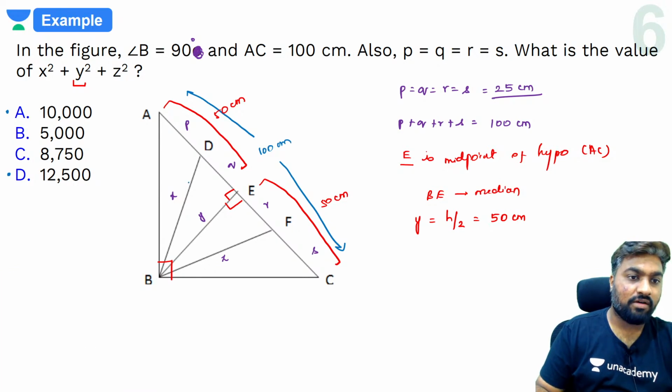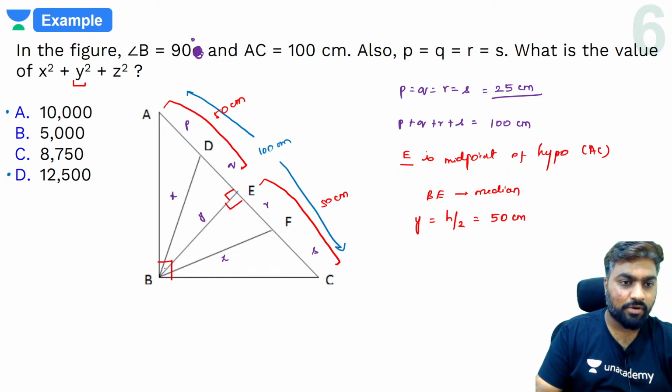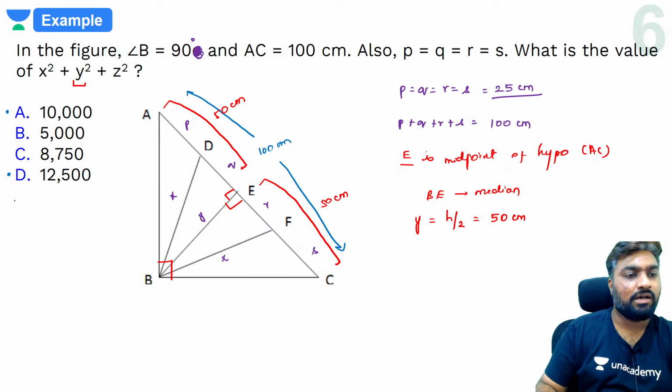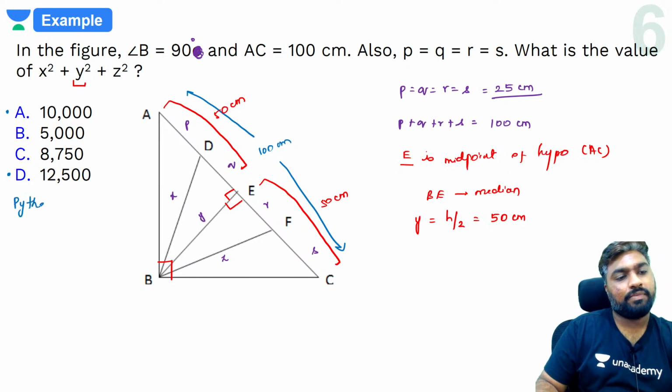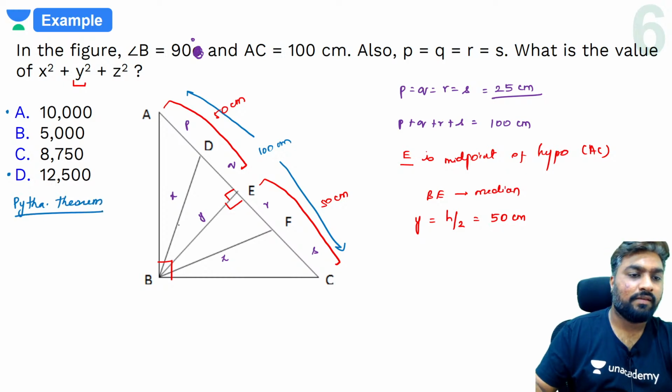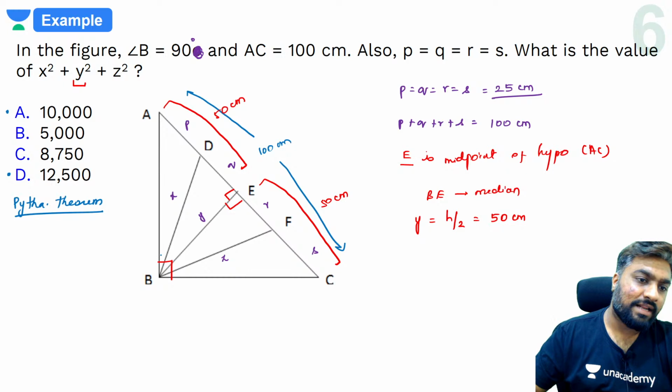Value of x and z. Yes. Now you can use the property of isosceles triangle if you want, but नहीं तो direct Pythagoras theorem लगाओ. By Pythagoras theorem, चलो ये वाला triangle ले लो first.